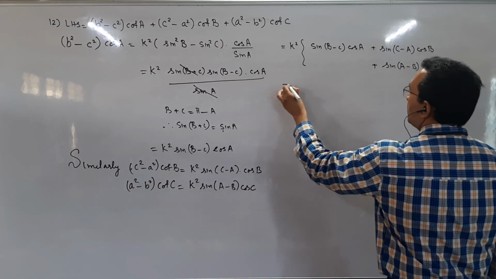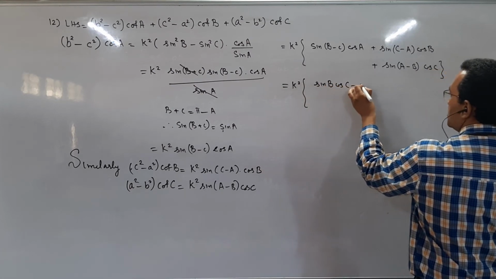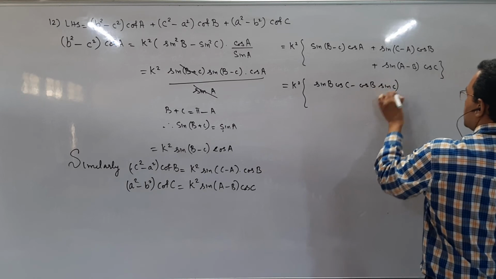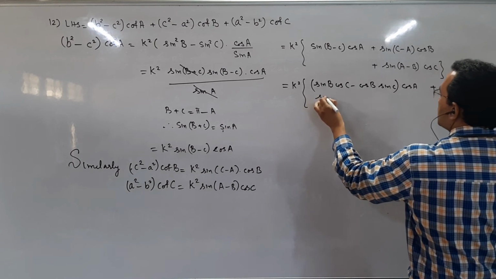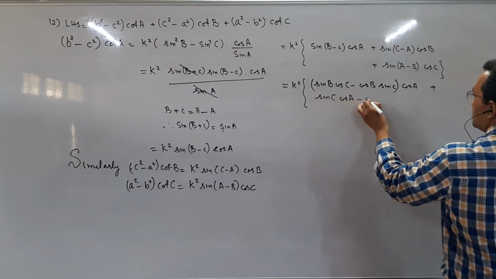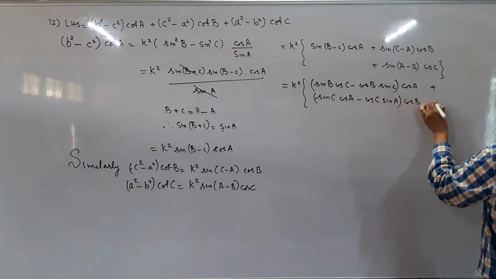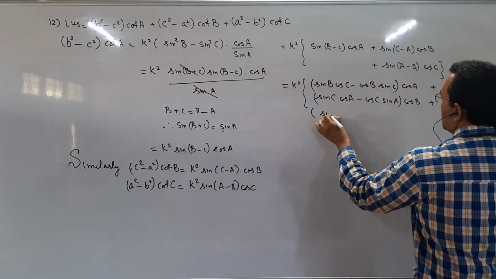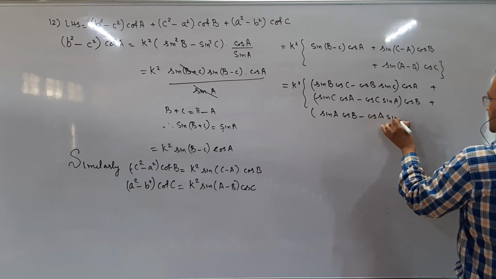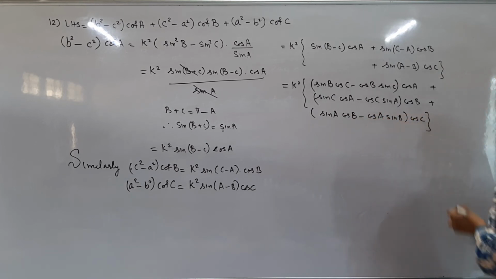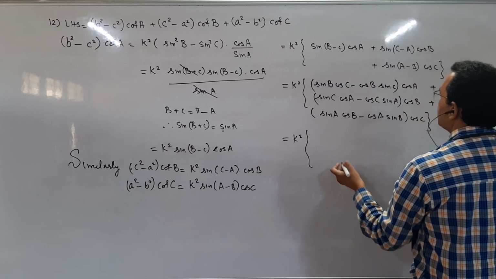Now apply the formula of sine B minus C: sine B cos C minus cos B sine C into cos A, plus sine C cos A minus cos C sine A into cos B, plus sine A cos B minus cos A sine B into cos C. Now go for simple expansion.